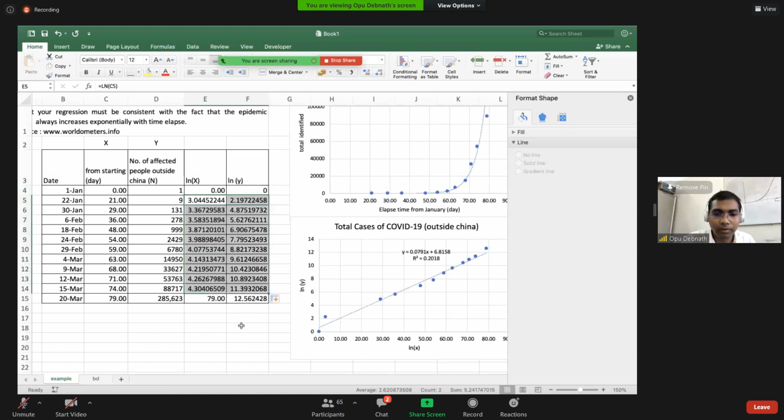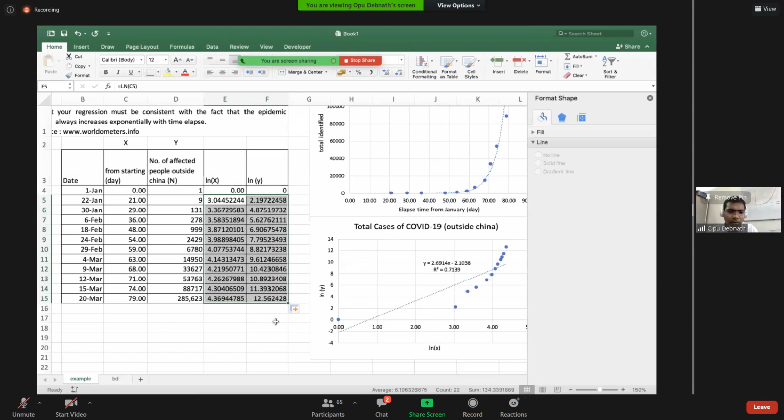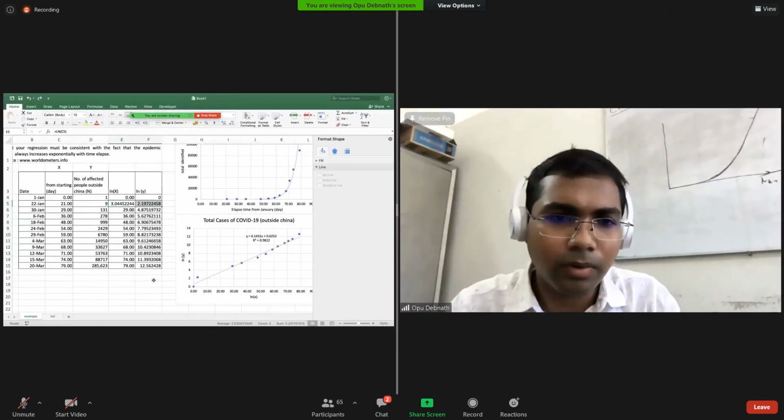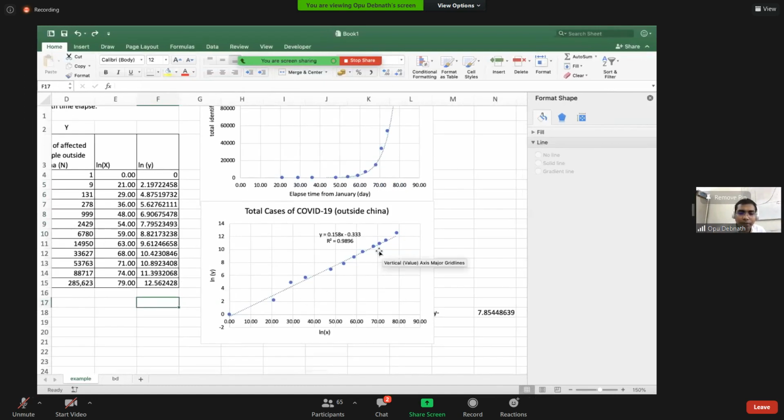These are the logarithmic operations. And thereafter, you may see that the exponential data comes here as a linearized response, and then you simply put a trend line.